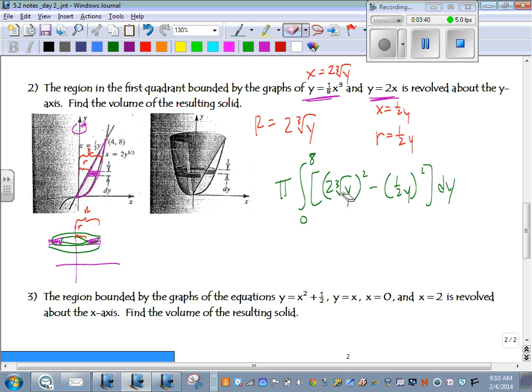For the cube root of y, as far as putting it in your calculator, you may want to just do y to the 1/3. Although there is a cube root button, you have to kind of search for it. Raising it to the 1/3 might be a little bit easier. But if you work that out, we should get, let's see, I think it was 512 over 15 pi. Yep, 512 over 15 pi.